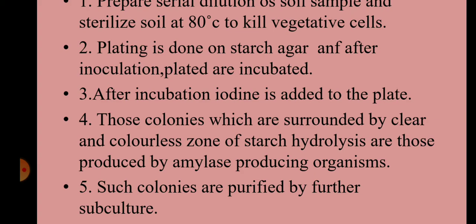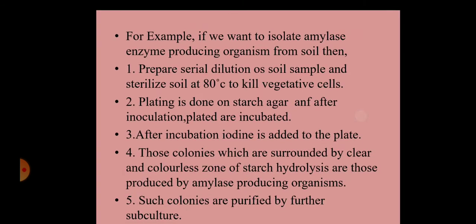So, in the plate, after incubation, we add iodine and check those colonies which are surrounded by a colorless clear zone of starch hydrolysis. Those colonies which are surrounded by a colorless clear zone of starch hydrolysis are produced by microorganisms which are amylase enzyme producers. Such colonies surrounded by a clear zone are picked up, further subcultured and purified and used for amylase production on a large scale.